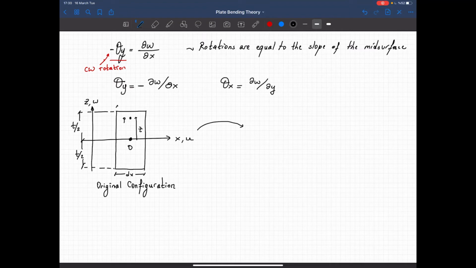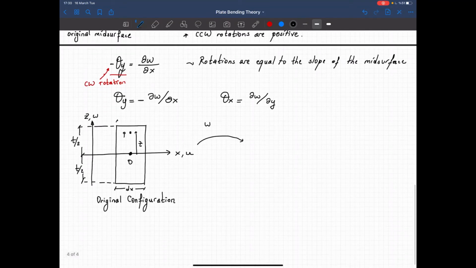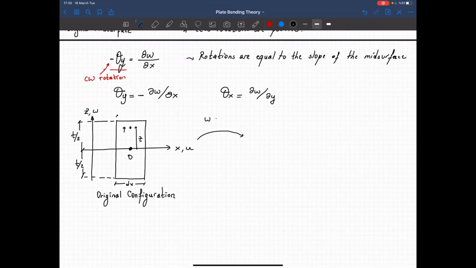Now let's draw the deformed configuration. So according to this figure, W is in the plus Z direction and we see a clockwise rotation. W in plus Z, theta y in clockwise.